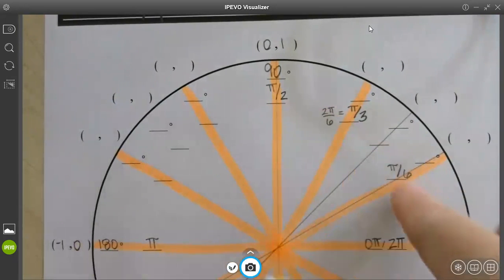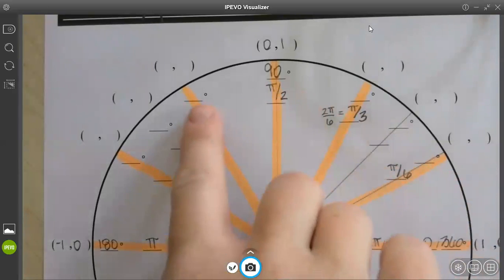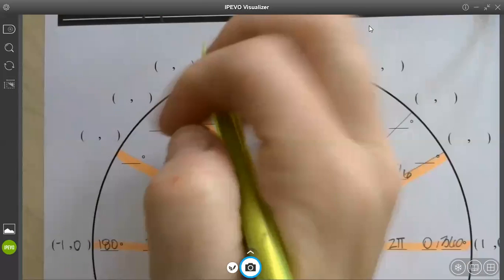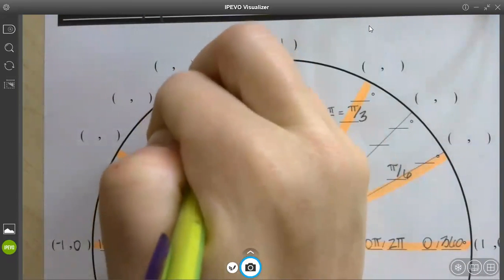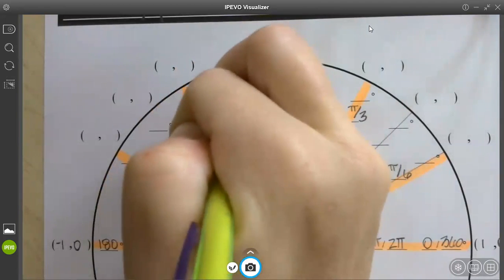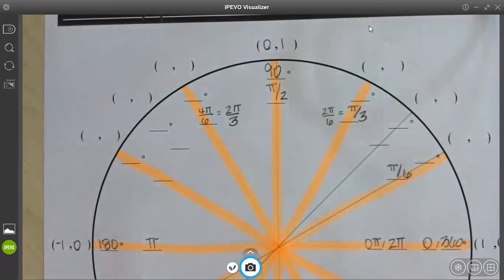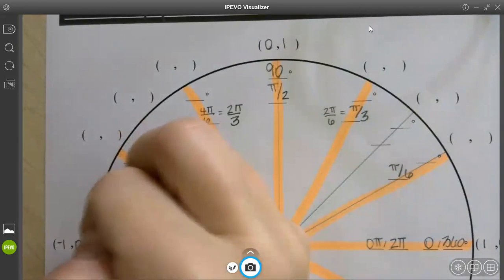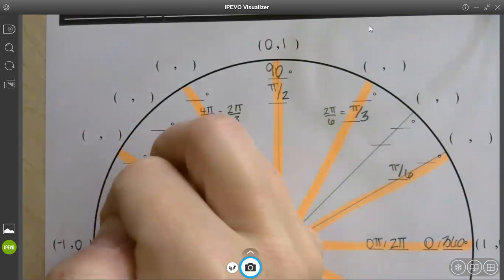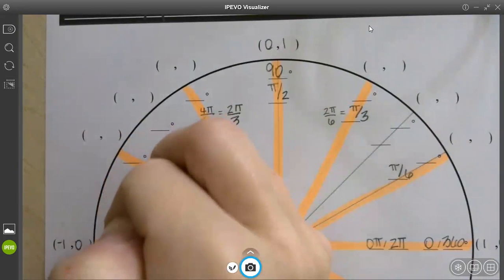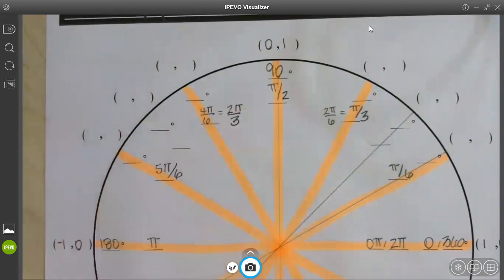So we had 1/6, 2/6, 3/6. This one is 4/6. So 4 pi over 6, which reduces to... What would your next one be? 5 pi over 6.